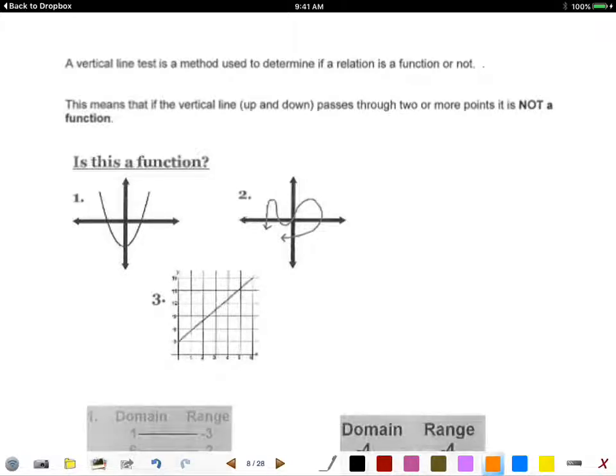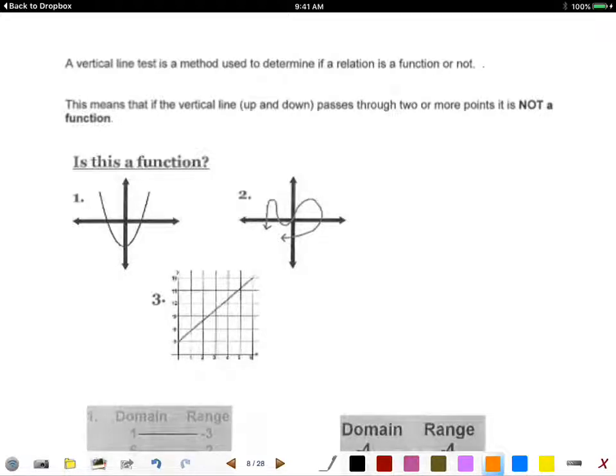We're going to use our pencil as our vertical line, and hold it across the graph and see if it hits the graph in more than one location. If you're watching this video, I will do something on the video in just a minute. Those of you in here, if we hold our pencil vertically over number 1, the graph only hits in one location.